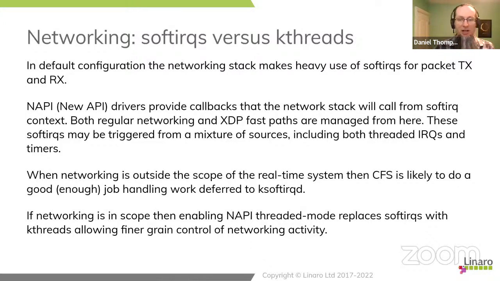It is perhaps used for command and control, but it is assumed to be outside of the real-time scope. In that case, it is very likely that CFS will do a good enough job of handling any work that gets deferred to ksoftirqd, for the simple reason that if you've got light network load and not too many real-time threads, then network RX will be at the front of the non-real-time work.